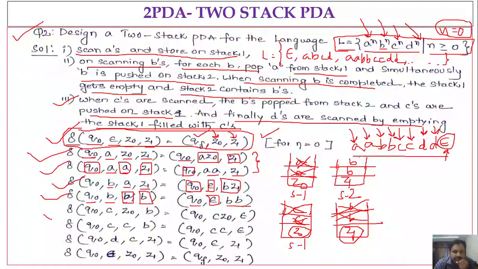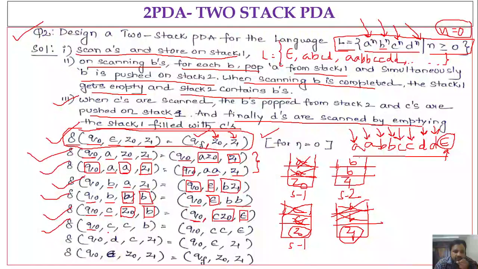The next one, in Q0, if we get input C, top of the stack 1 is Z0 and top of the stack 2 is B, then what we are doing here is that we are popping stack 2 and pushing C in stack 1, right? So the resulting state will be Q0, comma, we are pushing CZ0 in stack 1, comma, epsilon means we are popping stack 2. Okay, done.